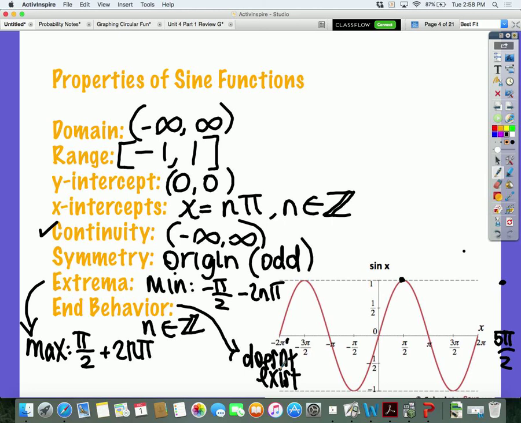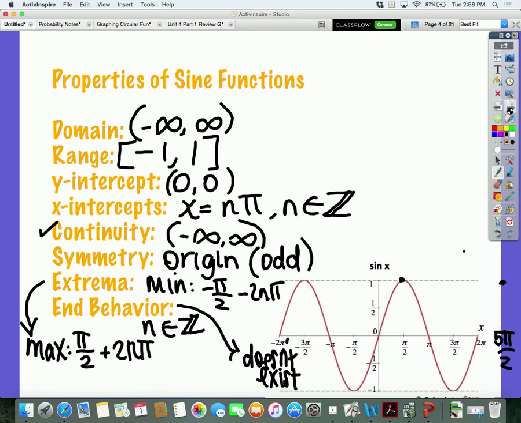She asked, why did I use negative pi over 2 instead of maybe 3 pi over 2? Honestly, it doesn't matter whether you use negative pi over 2 or 3 pi over 2 or the next one, because you're going to be adding a 2 pi or 4 pi or 6 pi to get your other maxes and minimums. So that's why you can use either. Others?